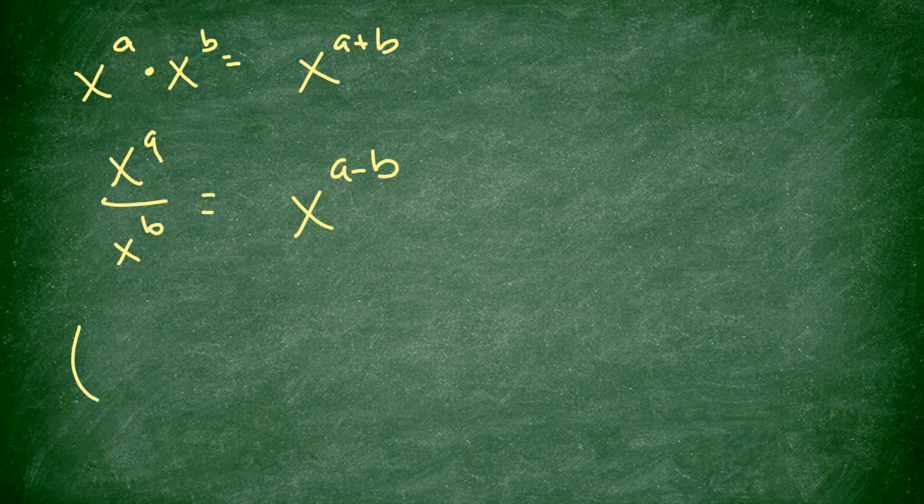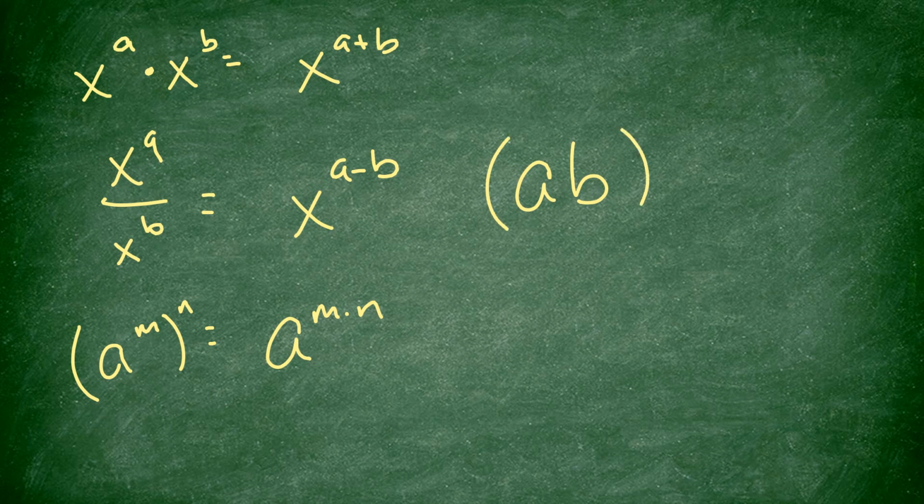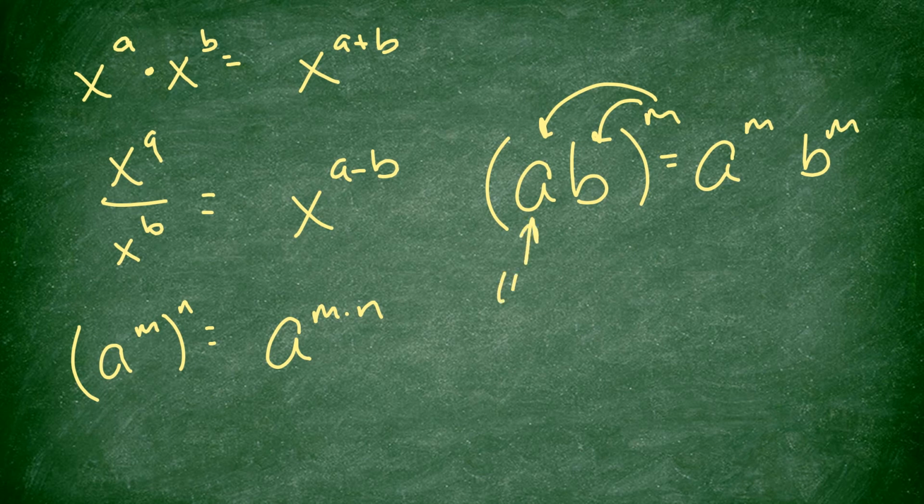If you have a power to a power, you multiply those two exponents. And if you have multiple things inside parentheses, the exponent acts like the distributive property, where the exponent affects everything in there, even if that's a number.